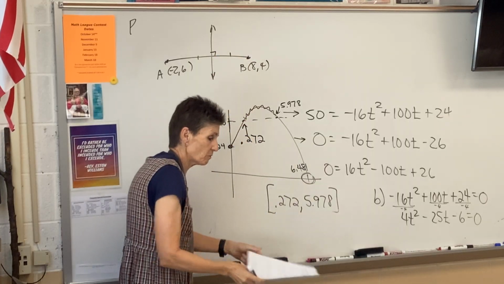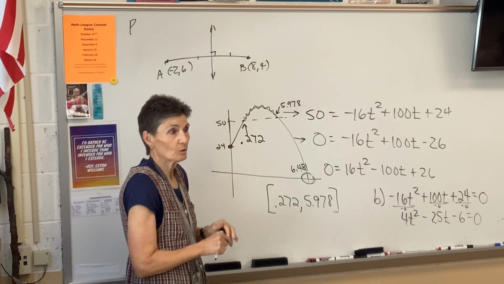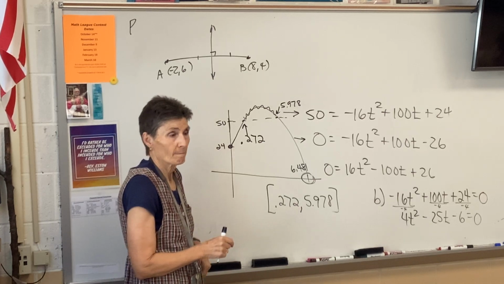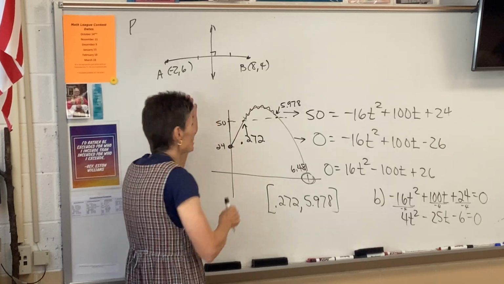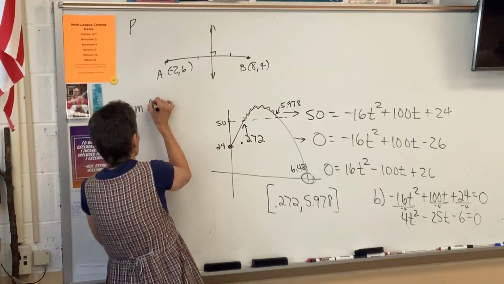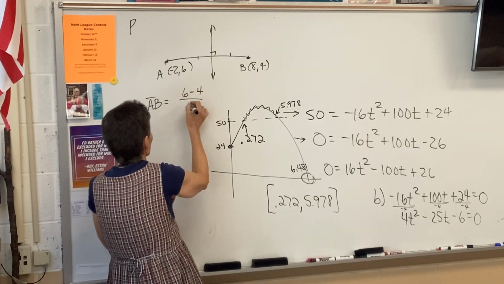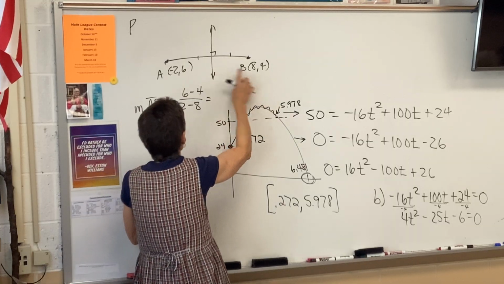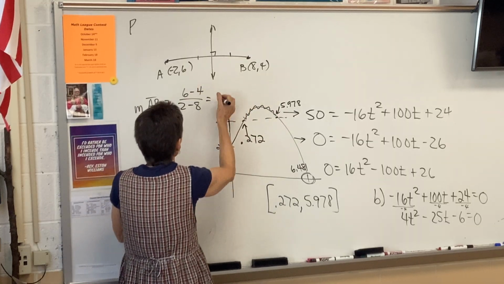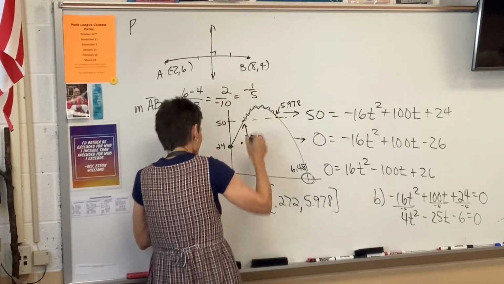Okay, so what do you think? What would be a good way to start? Find the slope of the given line. So the slope of AB is 6 minus 4 over negative 2 minus 8. Did you get negative 1/5?